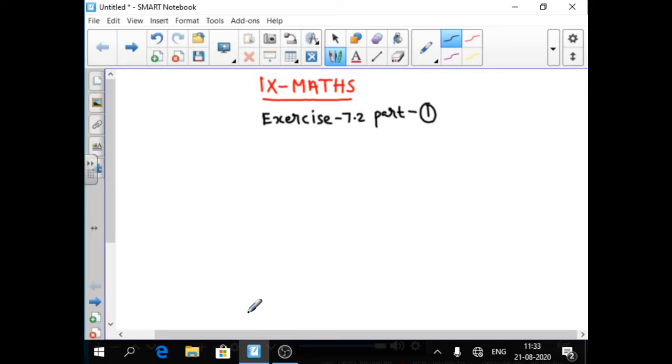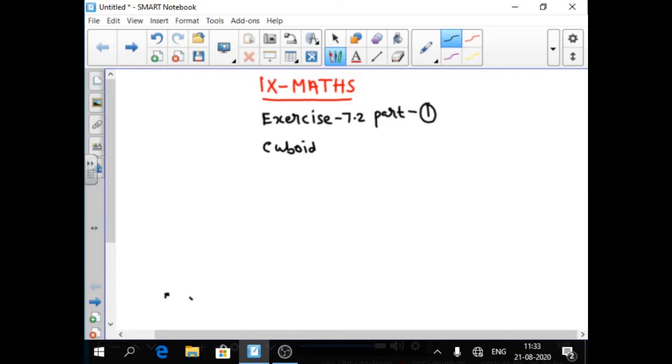Today we are going to learn 9th standard mathematics, chapter 7, mensuration, exercise 7.2, part 1. First of all, we know the formulas for the cuboid. Cuboid, these two types.